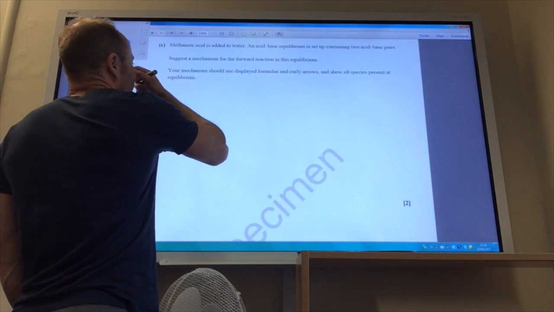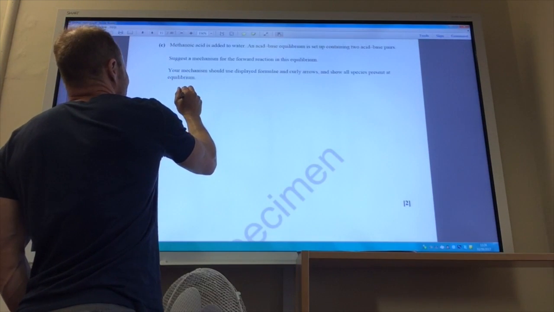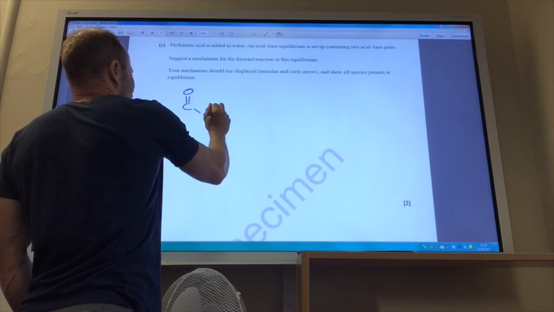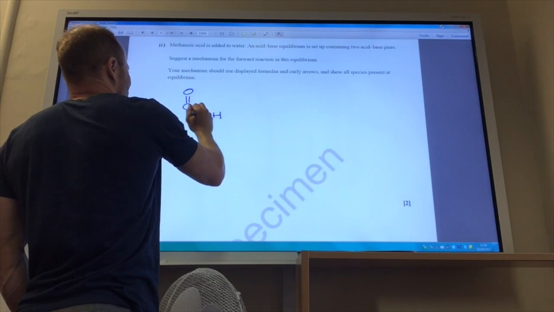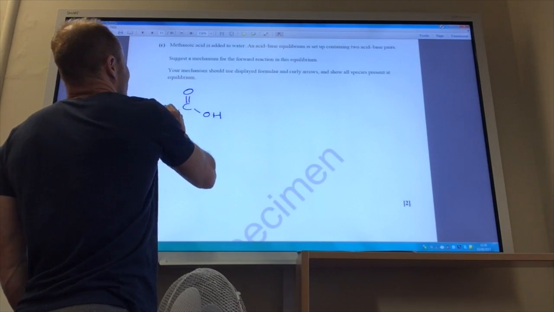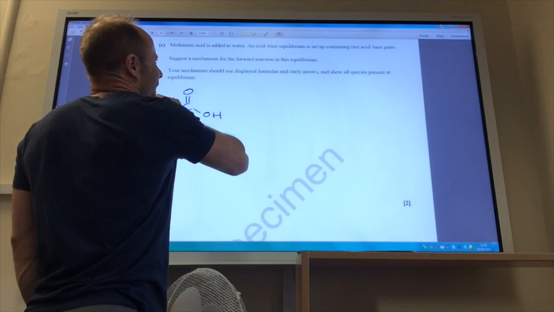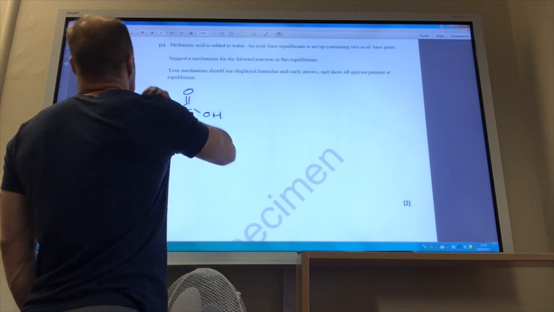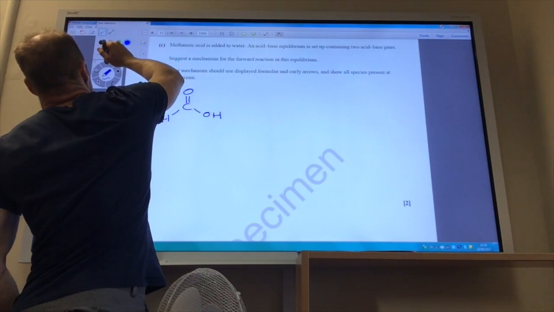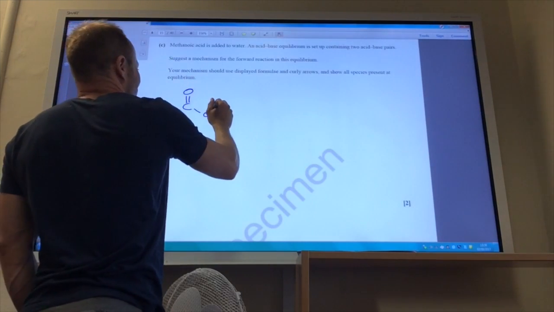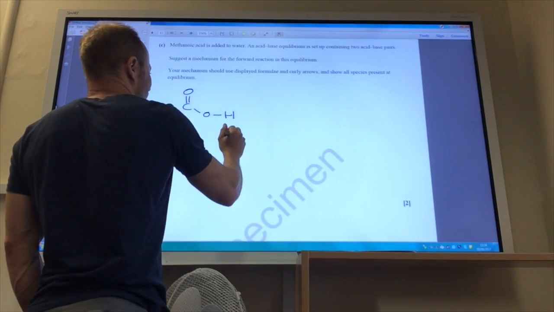Alright, so this is a slightly odd question. It says methanoic acid added to water. So methanoic acid has just got 1 carbon, like so. It's added to water. An acid-base equilibrium is set up containing 2 acid-base pairs. So just a mechanism for the forward reaction. So actually let's remove that hydrogen there and just pop on like so.